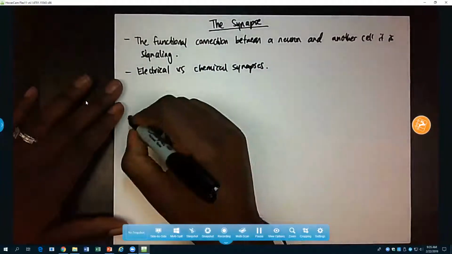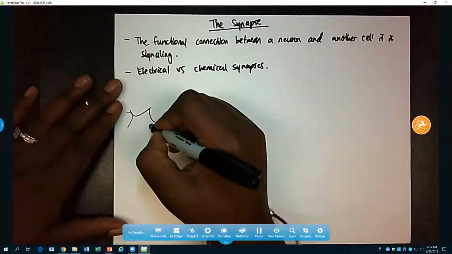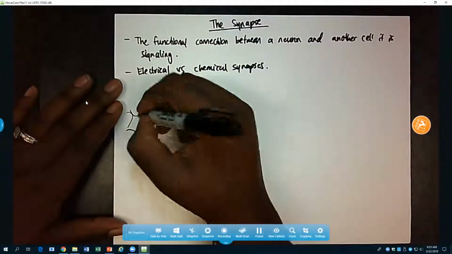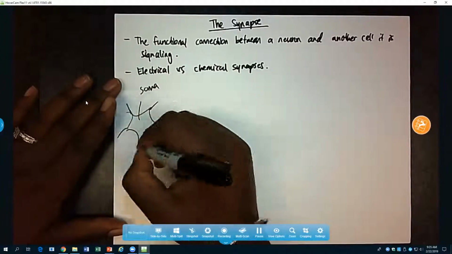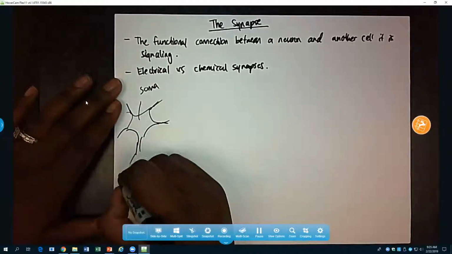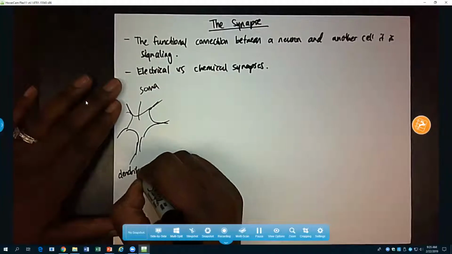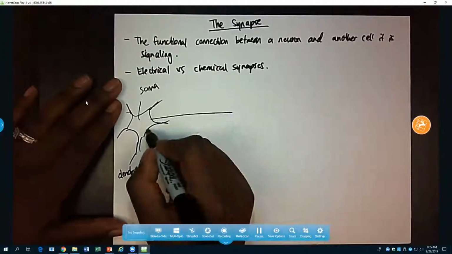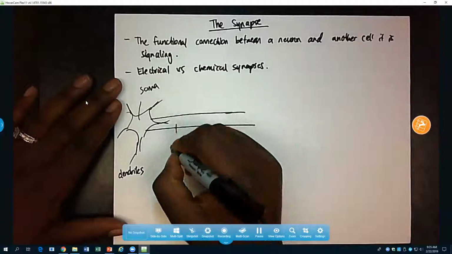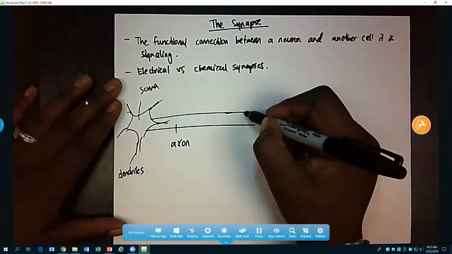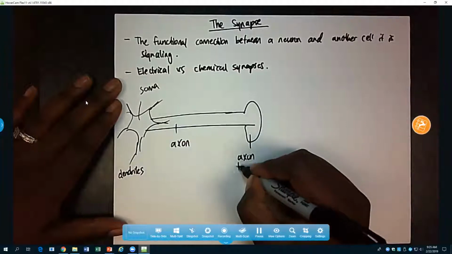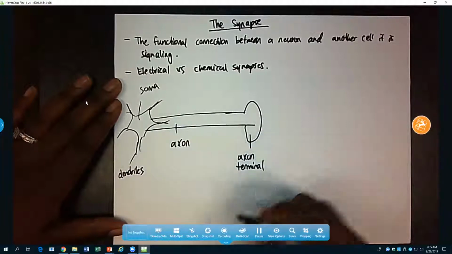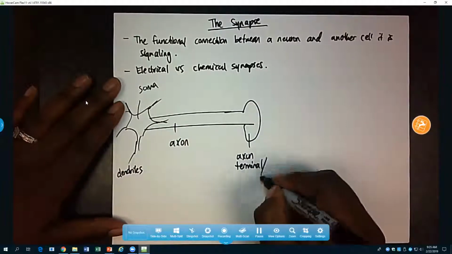Now, just to review our anatomy here of a neuron, this is our soma or cell body. These fingery spider-like projections are our dendrites. Okay, this is our axon. And this is our terminal bouton or the axon terminal. Okay, the axon terminal, also called the terminal bouton.